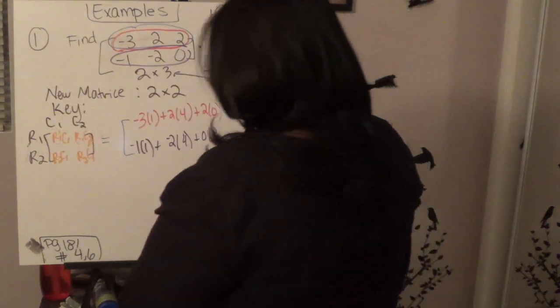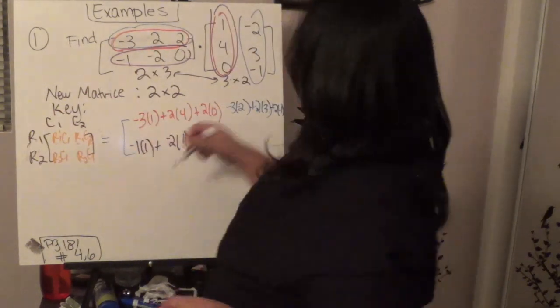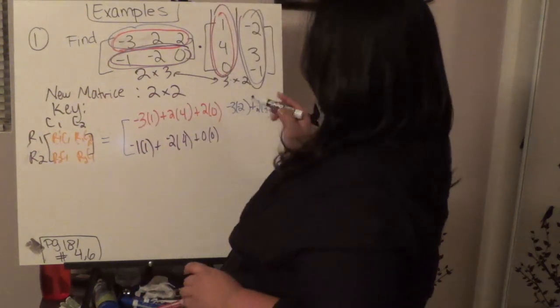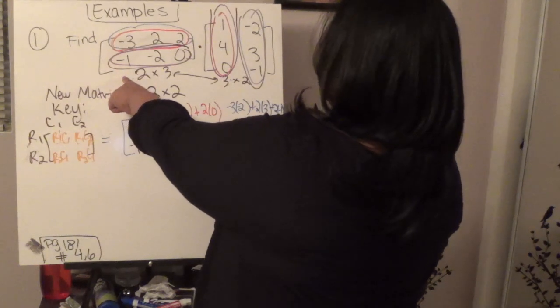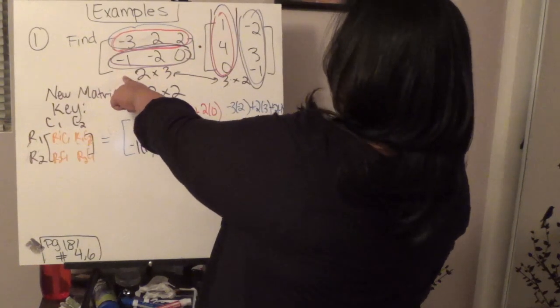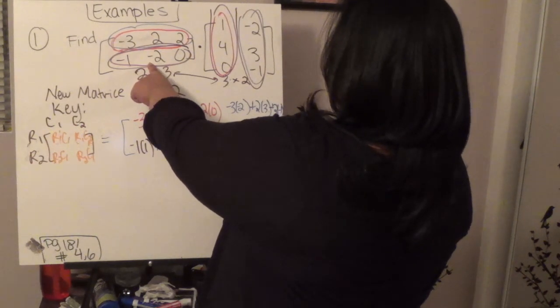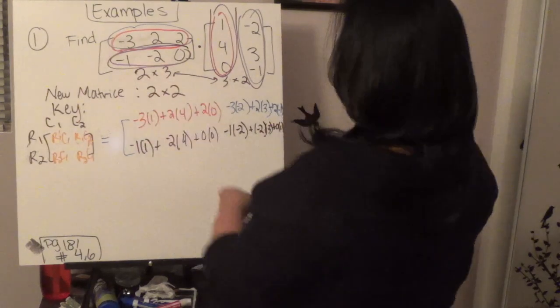And our last one is going to be row 2, column 2. So we have negative 1 times negative 2 plus negative 2 times 3 plus 0 times 1.